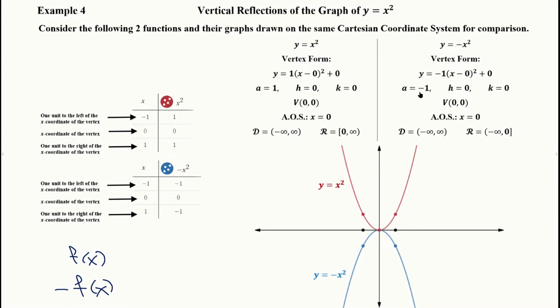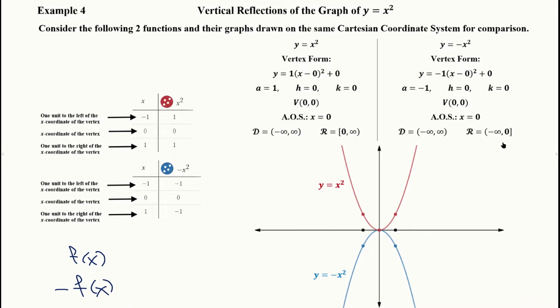For this one, notice that the absolute value of a is going to be 1, so it's going to be the exact same width as the graph of x squared. And h and k are 0, so the vertex is at (0, 0). Axis of symmetry is x equals 0, as is, of course, for the base function.